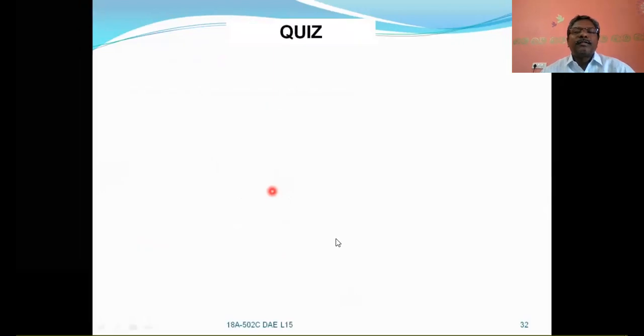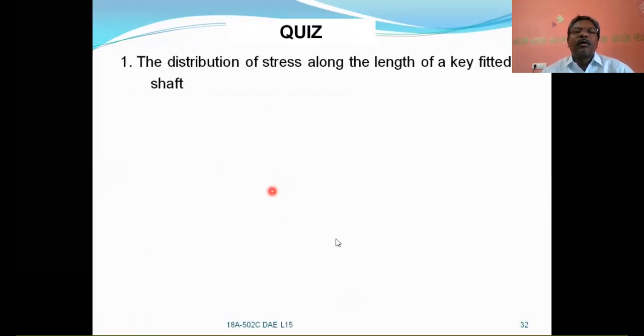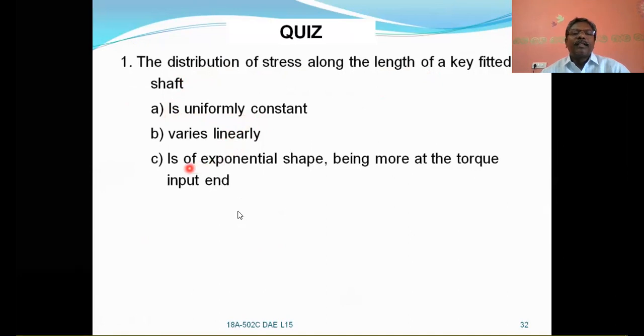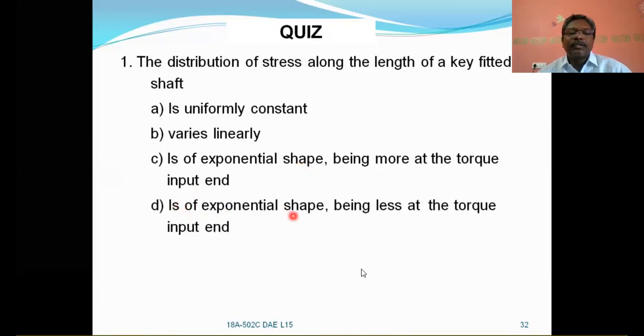So based on this study, let us have a small quiz. Distribution of stress. The distribution of stress along the length of the key fitted in shafts is uniformly constant, varies linearly, is exponential in shape being more at the torque input end, is exponential in shape being less at the torque input end, or is a parabolic shape.